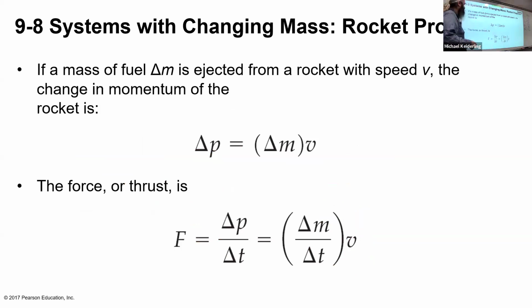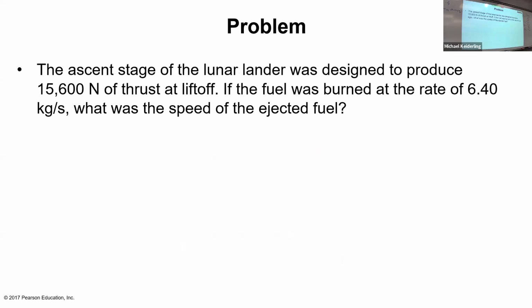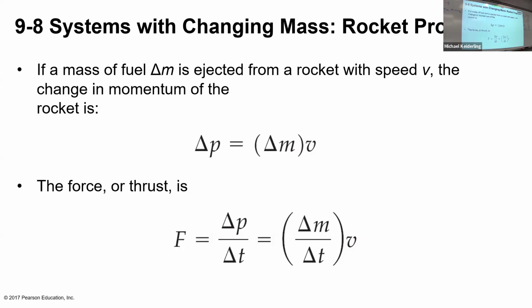The force, or thrust, is thus change in momentum over change in time, or delta m over delta t times v, the rate at which material is ejected times the velocity it's ejected at. So for thrust, force is delta m over delta t times v.